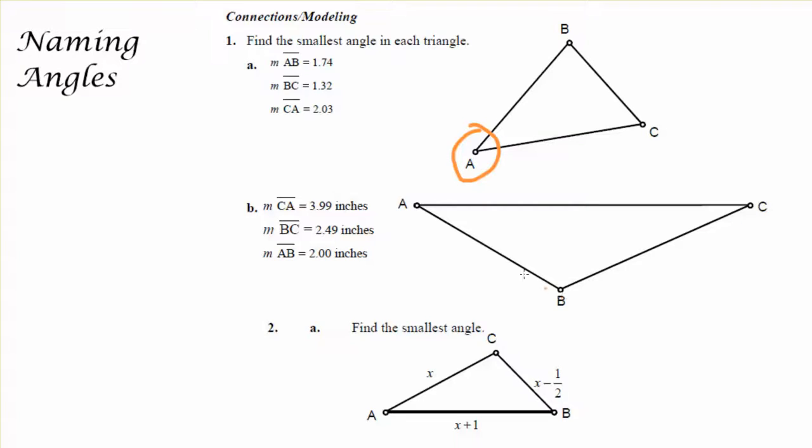I notice that AB is the smallest at 2 inches, so the angle opposite AB, angle C, will also be the smallest. In this third example, I don't have any side measures, but I know that for any number x, x minus 1/2 will be the smallest and x plus 1 will be larger, so the smallest side, CB, will have the smallest angle.